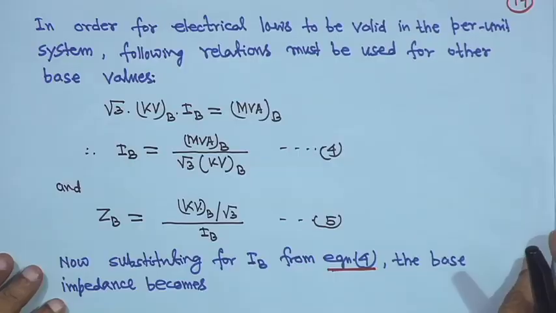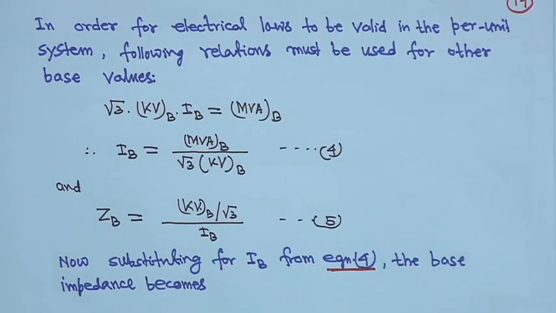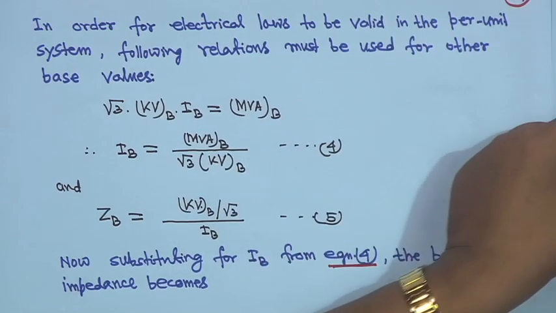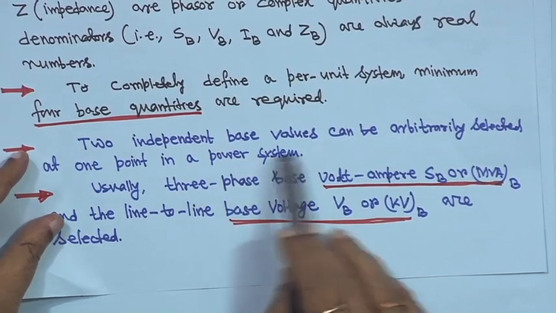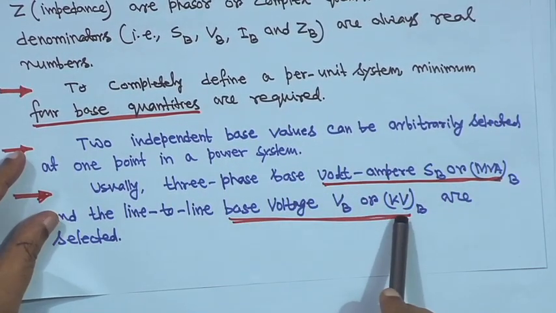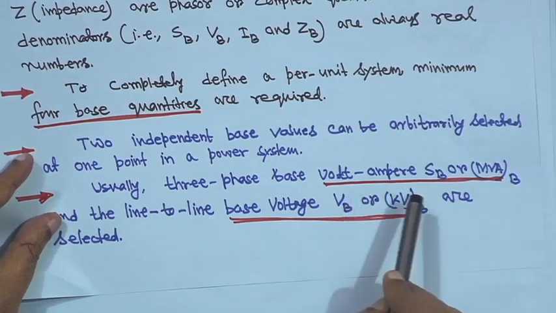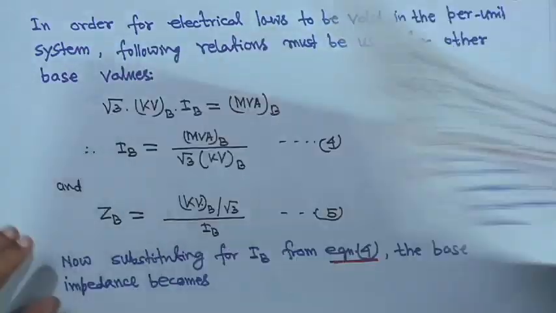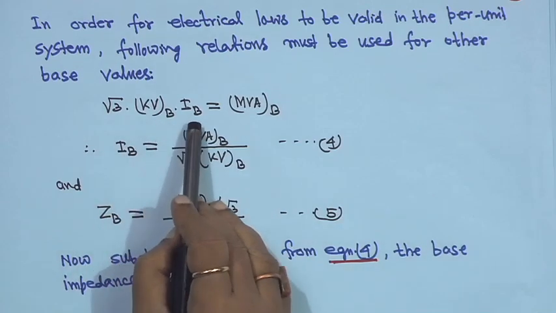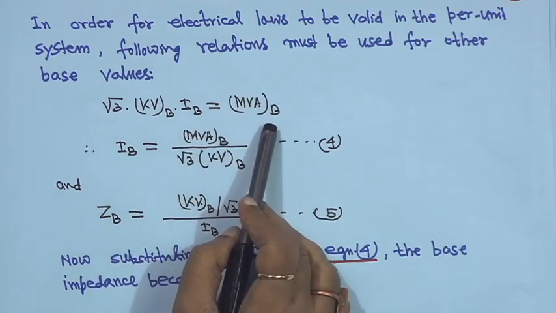Therefore, in order for electrical laws to be valid in the per unit system, the following relations must be used for other base values. For example, the base MVA is a 3 phase base volt ampere, and this base voltage is a line to line voltage. That means root 3 into kV base into current IB base is equal to MVA base.